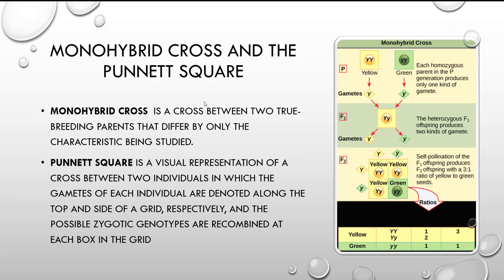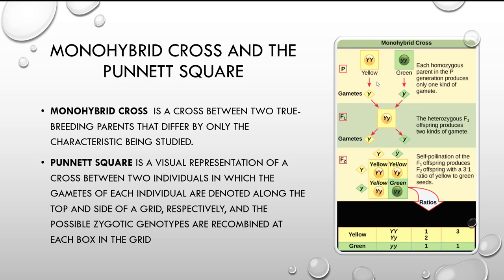Alright, so again, a monohybrid cross technically is a cross between 2 true breeding parents that differ only in one characteristic being studied. So in the case of the guinea pigs, we can't really apply that because true breeding varieties of guinea pigs don't necessarily exist.